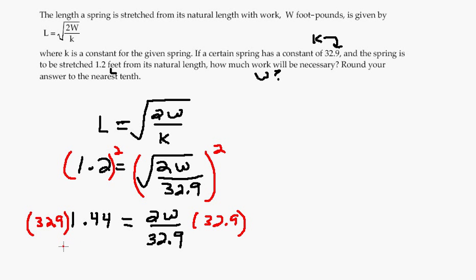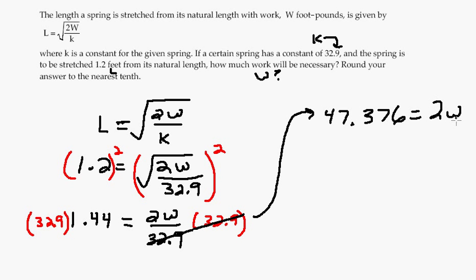That equals 47.376, equals, and these cancel, 2W. Almost done. Divide both sides by 2. And we get W equals 23.688.